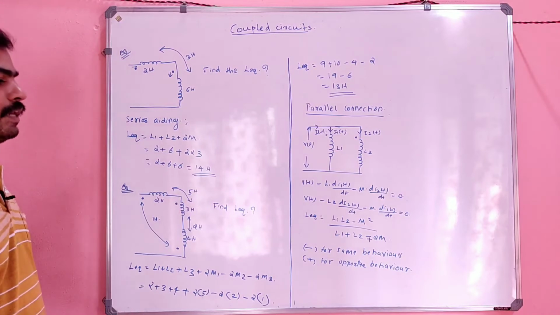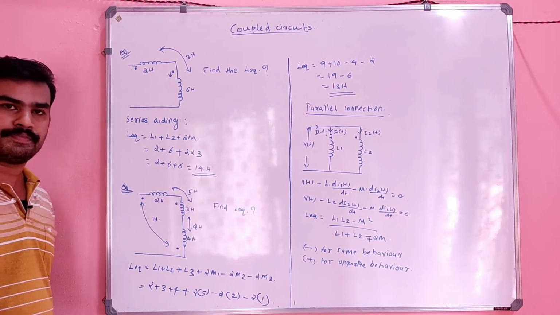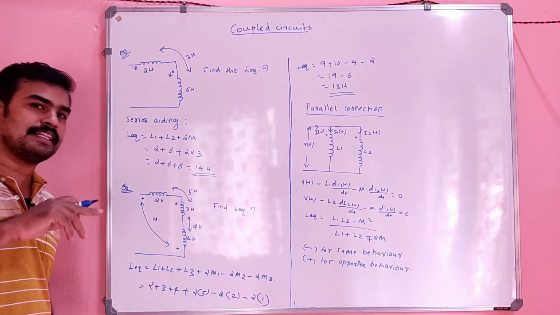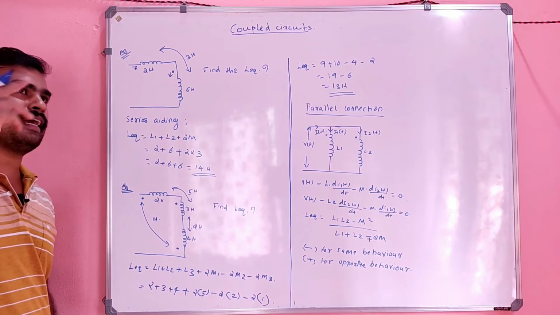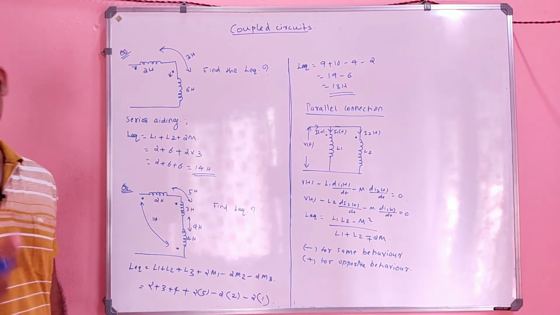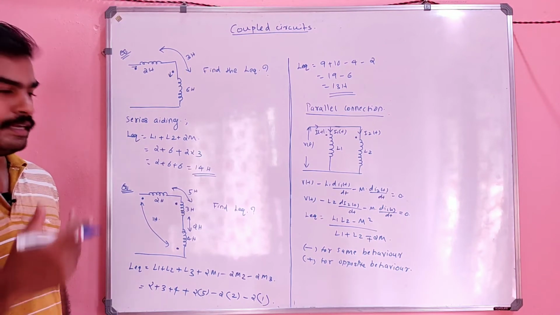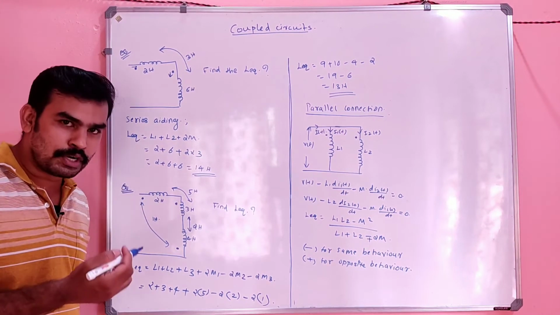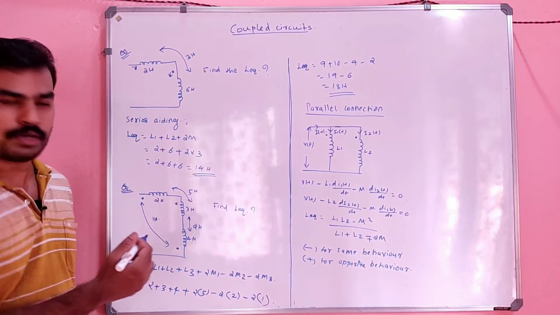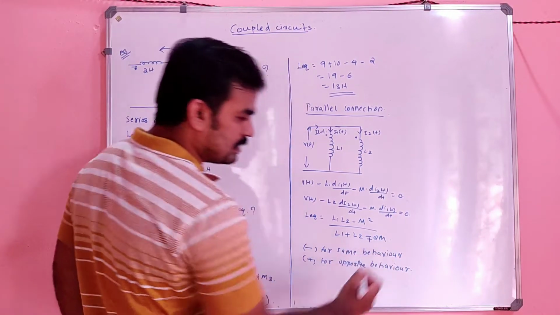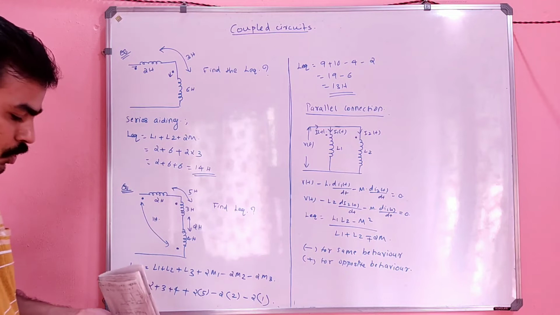This is opposite to that of the series connection, where L1 plus L2 plus 2M is for series aiding, the same behavior. But here, in the denominator, it is minus for same behavior and plus for opposite behavior. That is why minus or plus 2M.